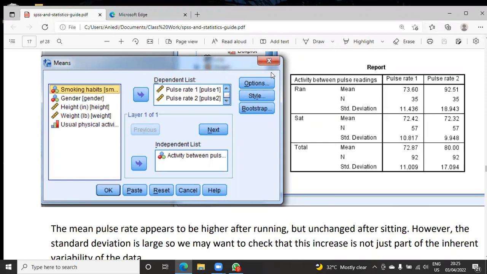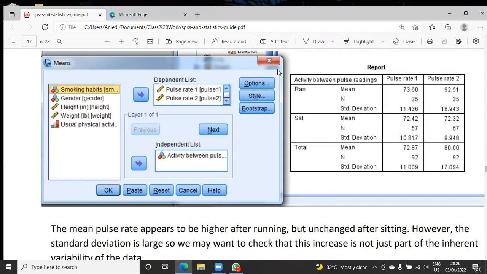We are reading the analysis here. Those who ran and those who sat down, and this is their pulse rate. The mean pulse rate of those running is 73.60, the total number of observations was 35, and the standard deviation is 11.43.